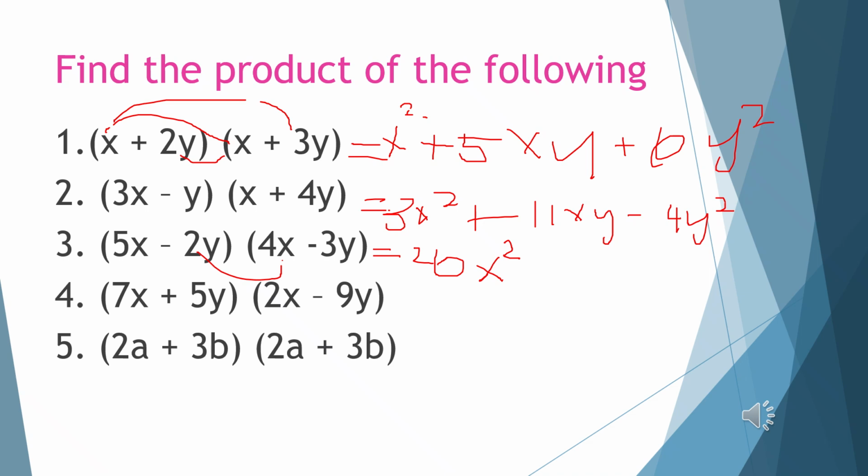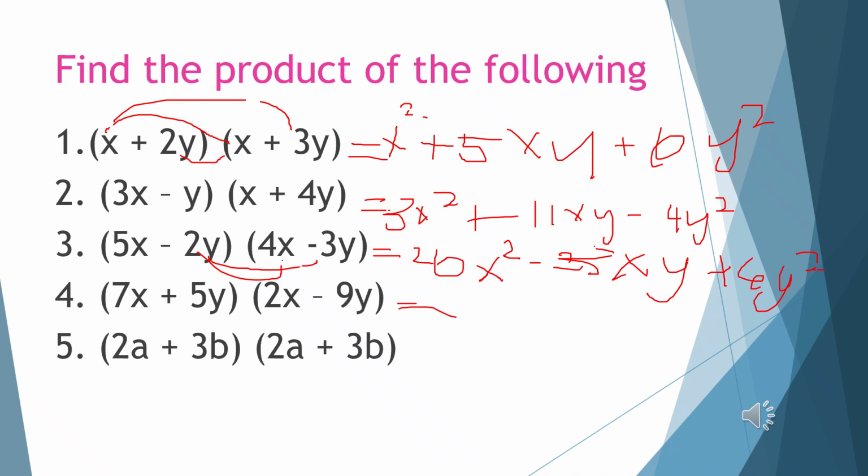So since they are both negative, that would be negative 23xy, plus negative 2y times negative 3y, that's positive 6y squared. All right, next, number 4.